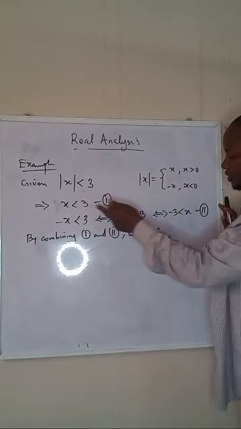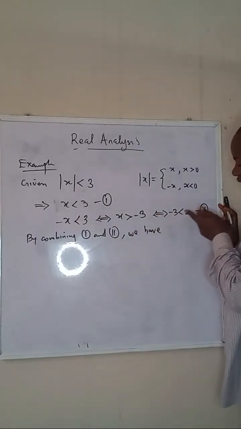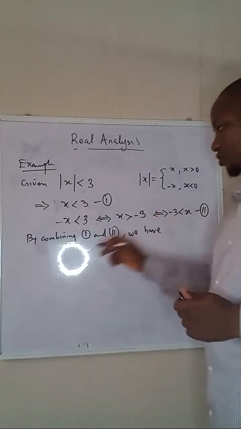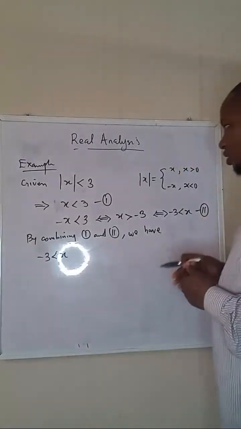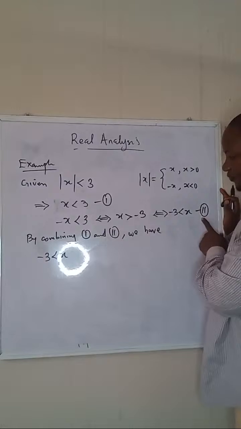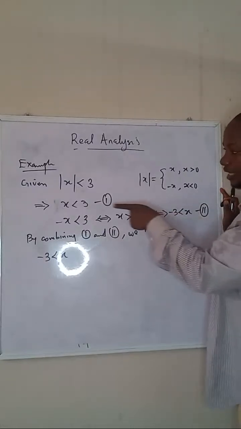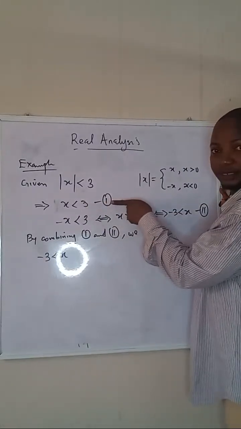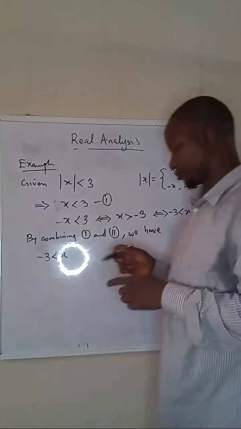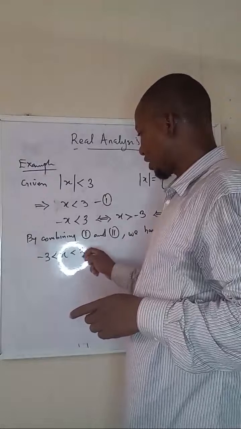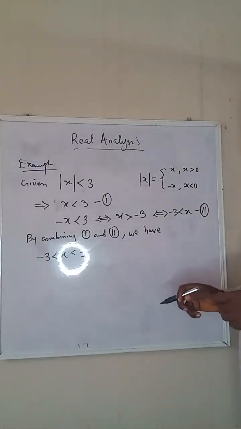So this means that minus 3 is less than x, and that's from 2. And then from 1, x is less than 3.